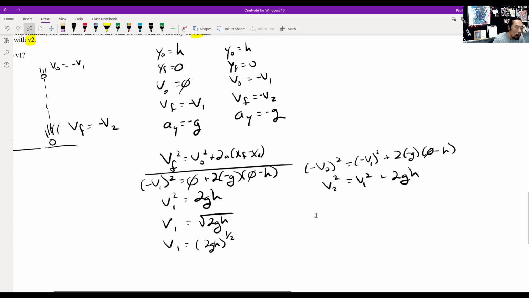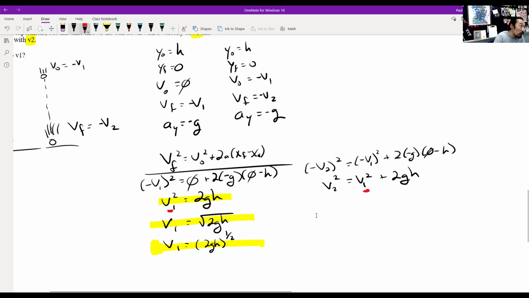We see here that we have a couple of substitutions that we can make. I actually didn't have to take it all the way down this far, because this right here has v1 in it, and we solved for v1 right here.